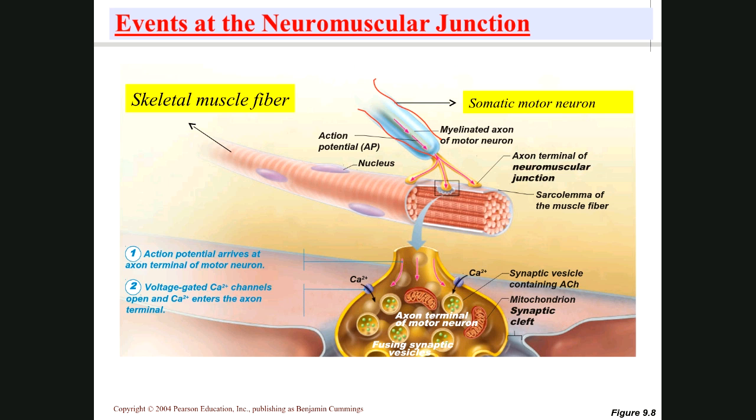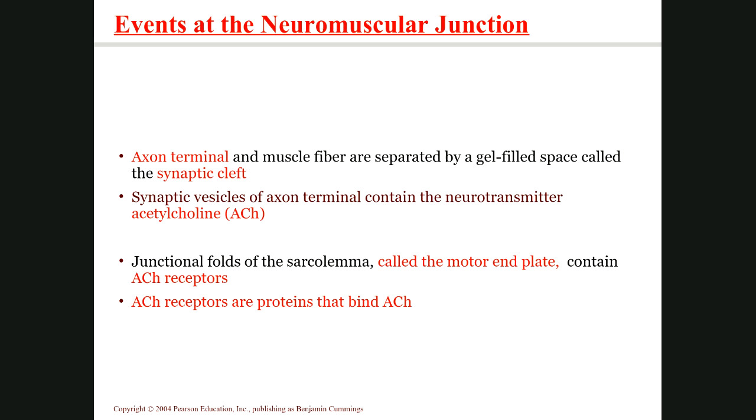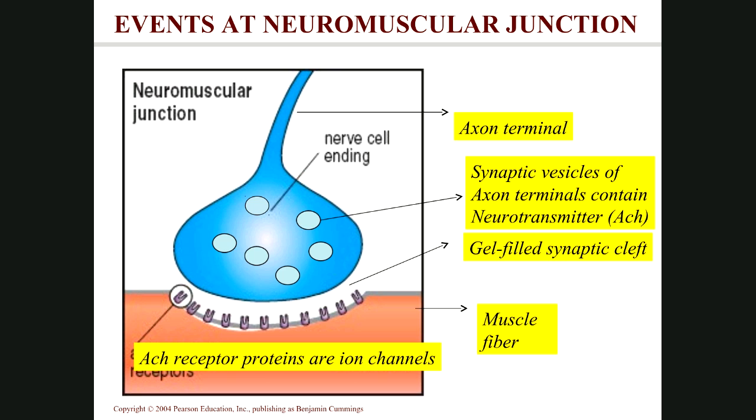And at the very end of the branch, there's a little bulb, which is what this picture represents. So that's the end bulb of the neuron right there. And inside that bulb, there are these little vesicles filled with a chemical, which is going to be called a neurotransmitter.